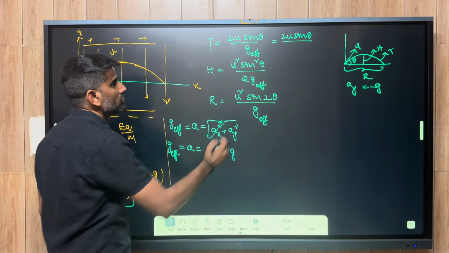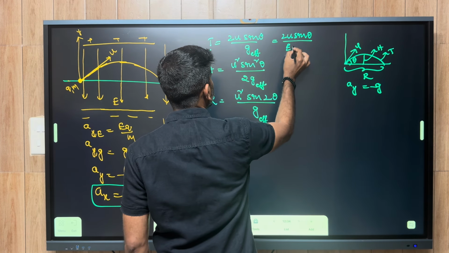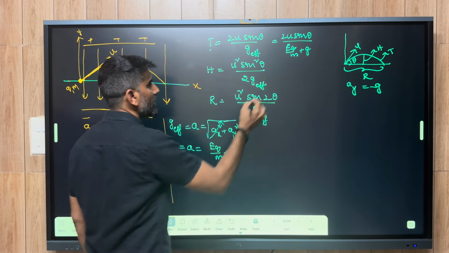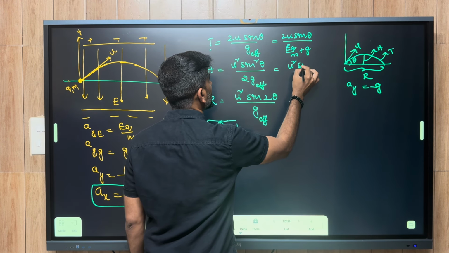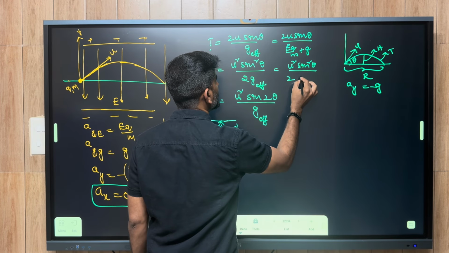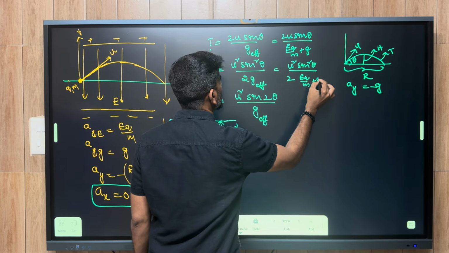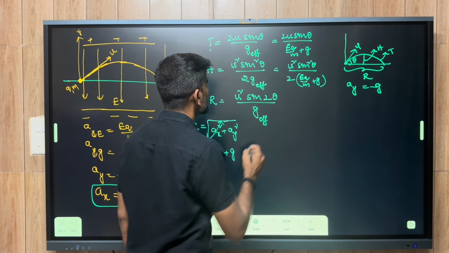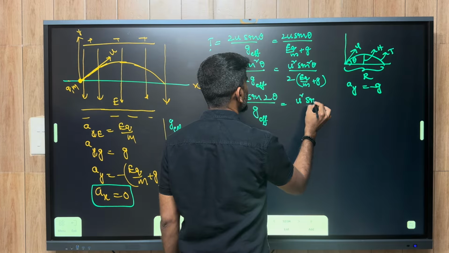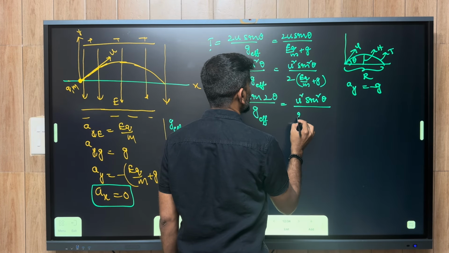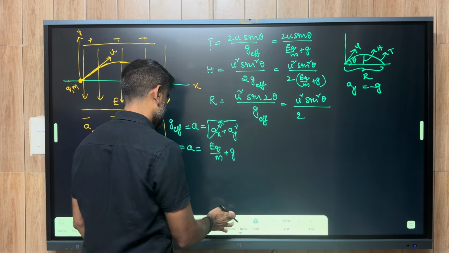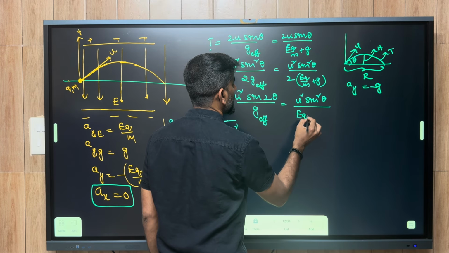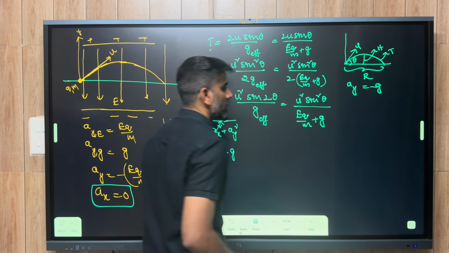So I can write 2u sin theta by Eq by m plus g, and here also I can write u square sin square theta by 2 into Eq by m plus g, and here also u square sin 2 theta by g effective, where g effective is Eq by m plus g.